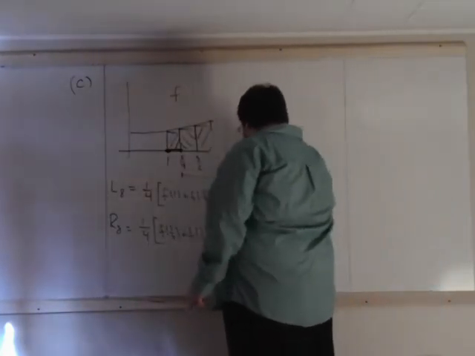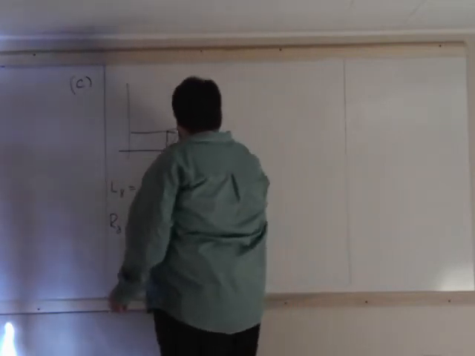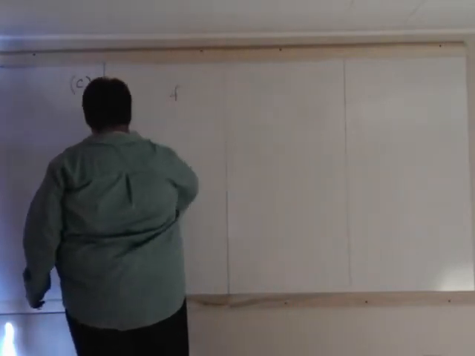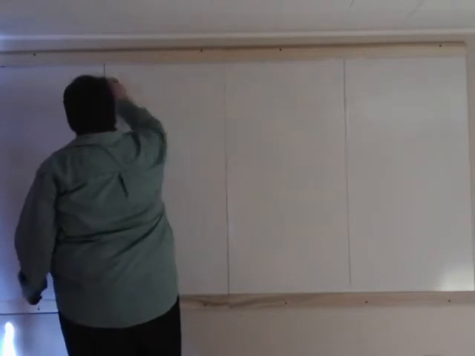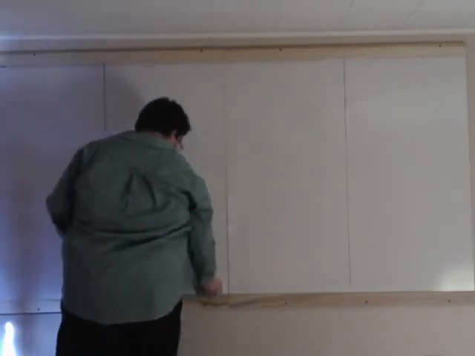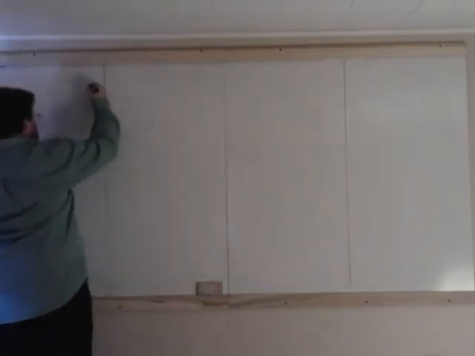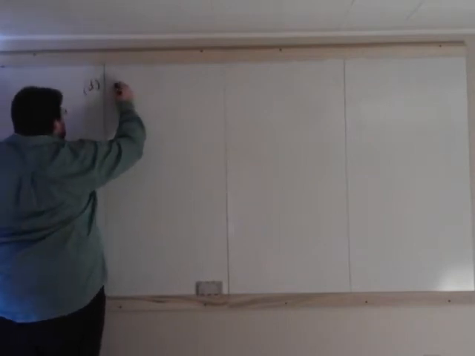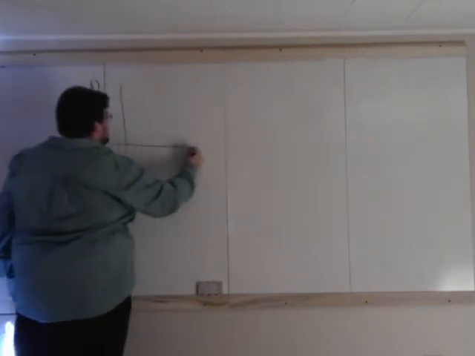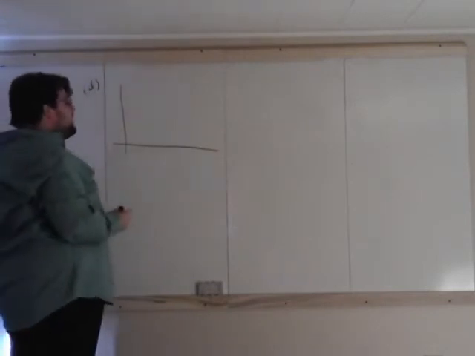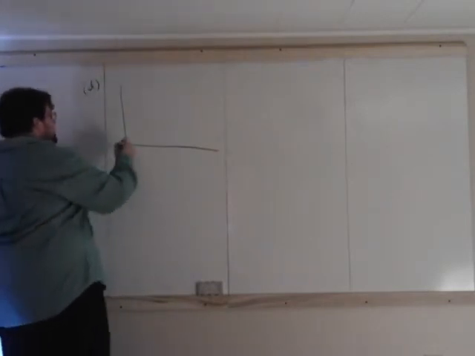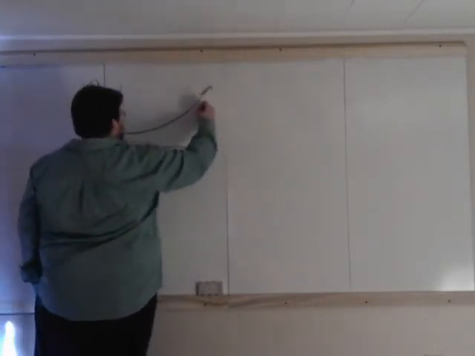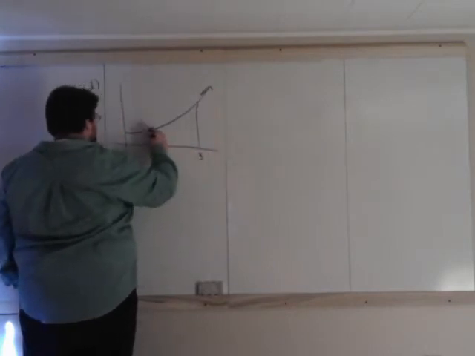Now part D of this said to do this with 3 rectangles. So let's do this with 3 rectangles. I find the one with 3 rectangles harder than the one with 8 rectangles, because finding the x-axis values requires more thinking.